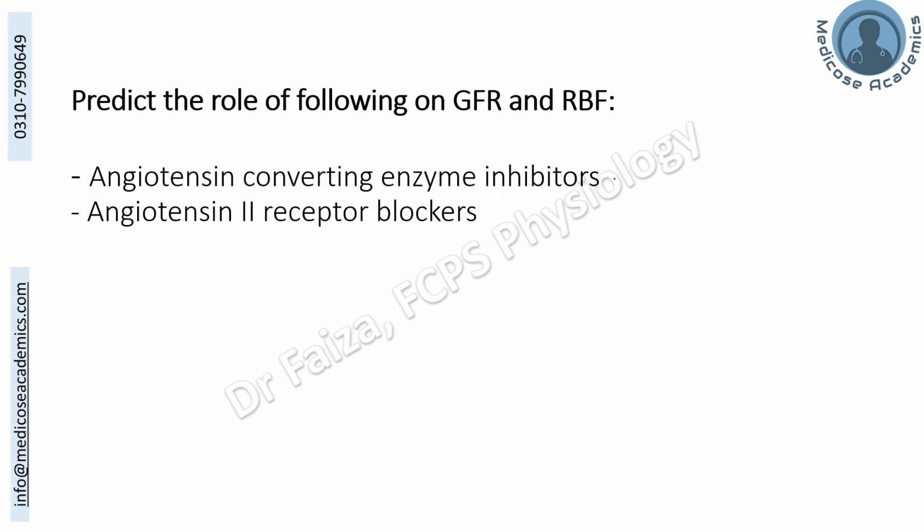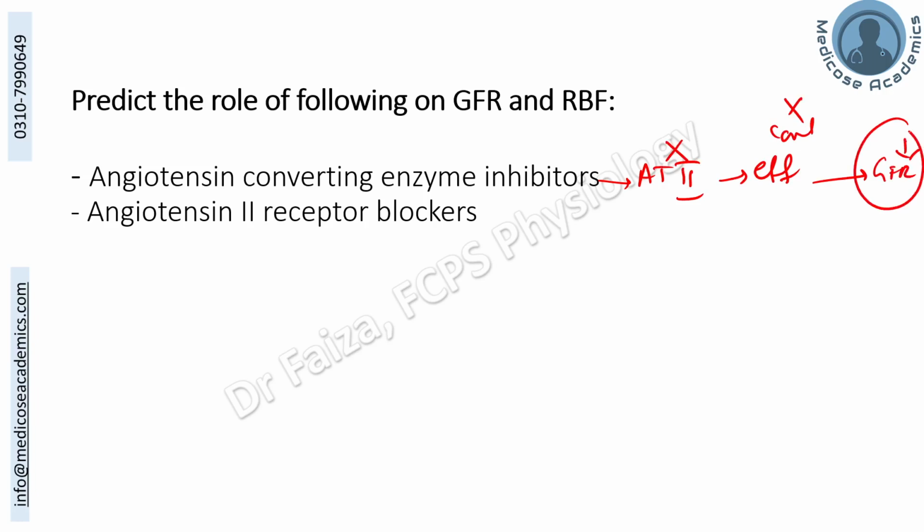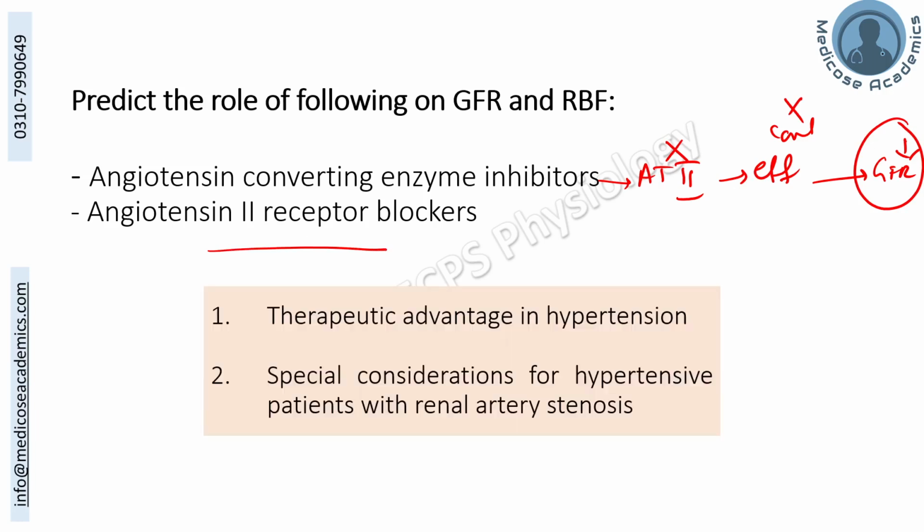If angiotensin converting enzyme inhibitors are given, angiotensin 2 will not be formed, efferent arteriolar constriction will not be there, rather GFR may decrease. And this is used as a therapeutic target to prevent kidney damage in case of hypertensive patients. Similarly, angiotensin 2 receptor blockers will have the decreased GFR and prevent the kidney injury in the patient of hypertension.